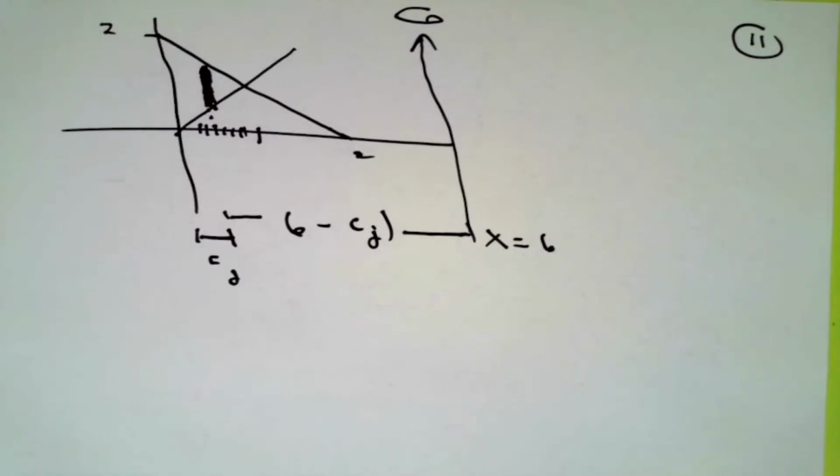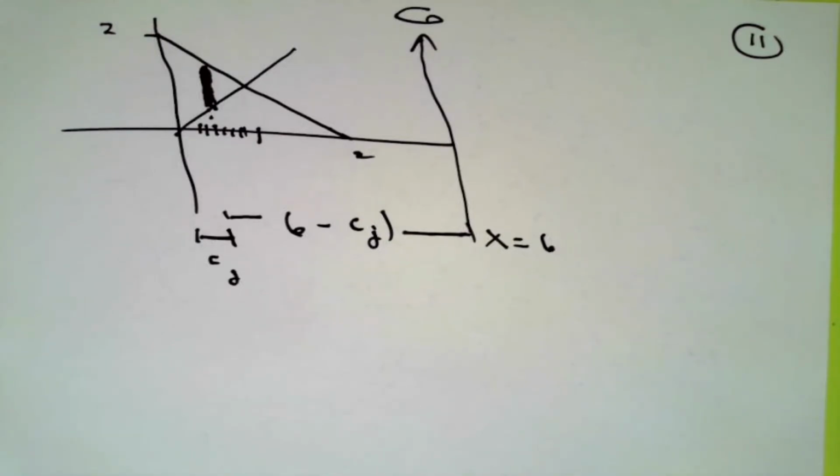Looking at a typical strip, the x-coordinate will be some number cj that could be as small as 0 or as big as 1. That's the distance from the y-axis, but we're not revolving around the y-axis. We're revolving around x equals 6.